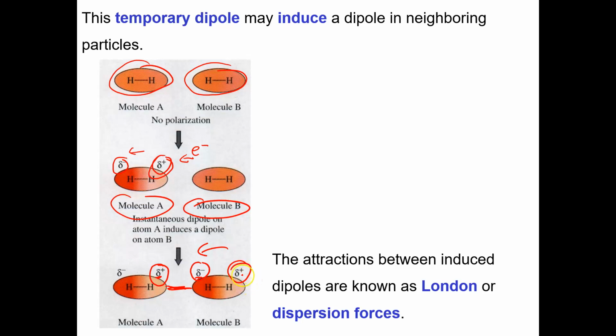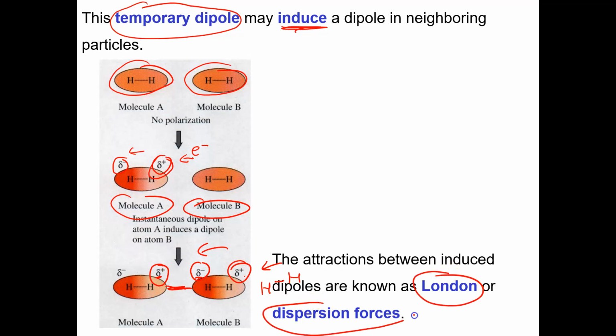Now we have a positive charge, and if we have another hydrogen molecule out here, it's going to pull electrons in that one towards it, and the whole process repeats again and again, spreading throughout our whole sample. This type of interaction, where a temporary dipole induces a dipole in a neighboring molecule, resulting in an attraction, is called a London force or a dispersion force.